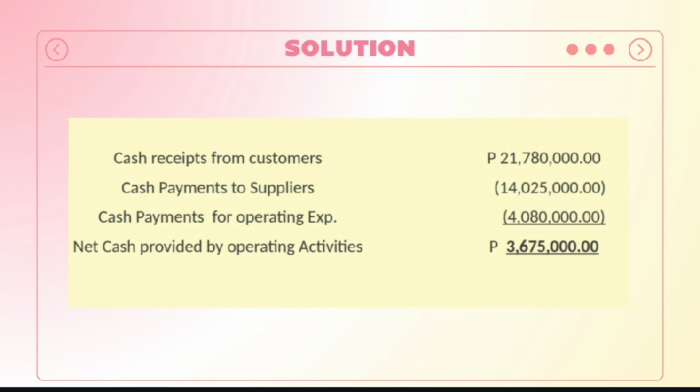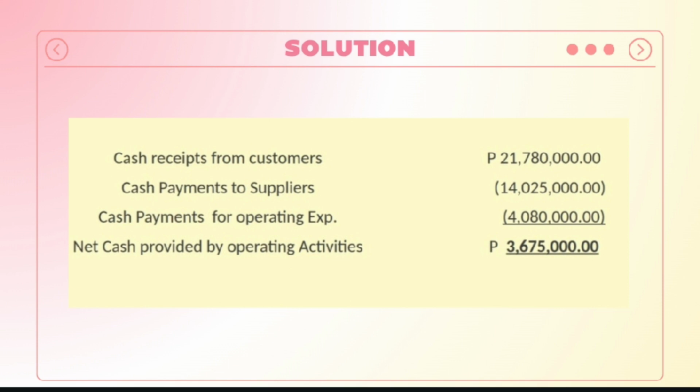So 21,780,000, that is the cash receipts from customers, minus 14,025,000, that is the cash payments to suppliers, where the parenthesis denote payment. So minus 4,080,000, cash payments for operating expenses, where the parenthesis denote the payment.